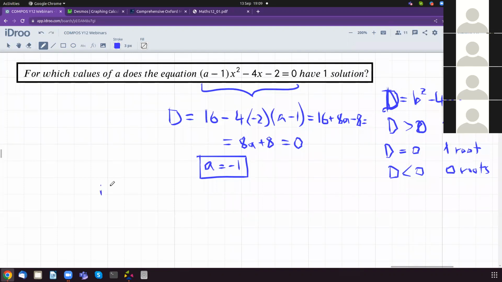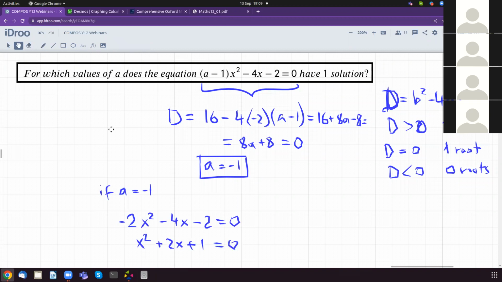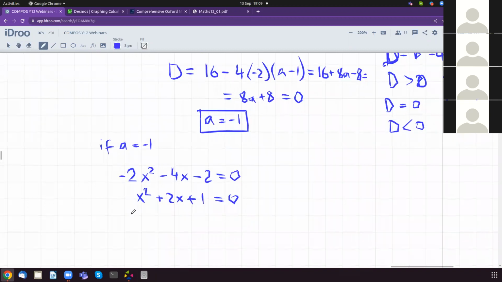If a is minus 1, we have minus 2x squared minus 4x minus 2 equals 0, which simplifies to x squared plus 2x plus 1. And you can see that it has repeated roots. So if you find the roots, x1 equals minus 1, x2 equals minus 1 as well. So it has one root, minus 1.